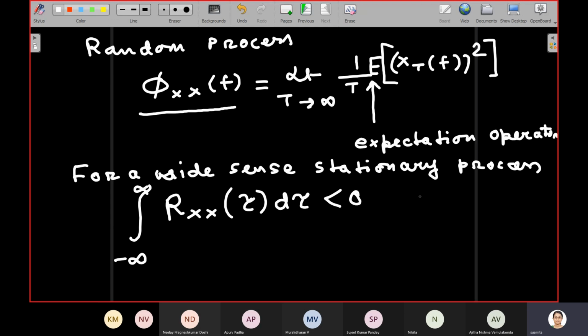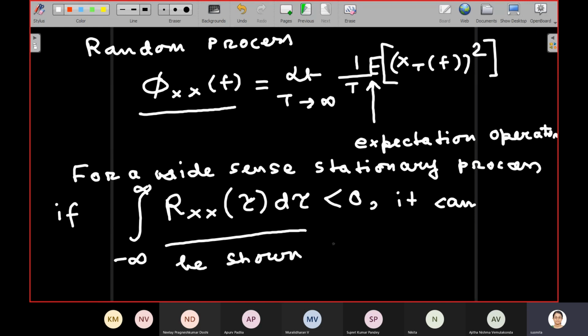If this integration exists, then it can be shown that the power spectral density is the Fourier transform of the autocorrelation function.